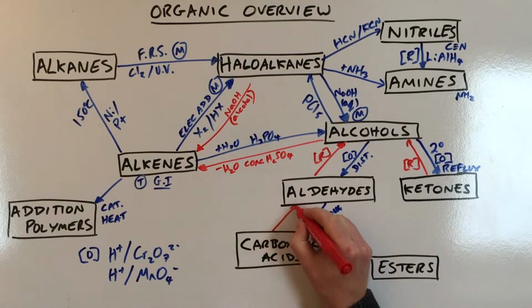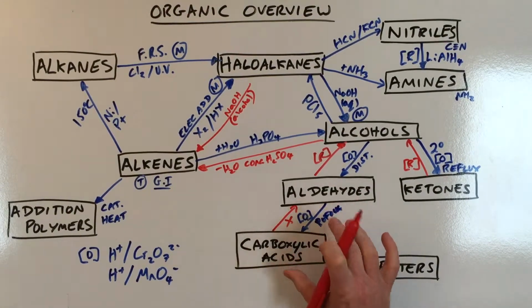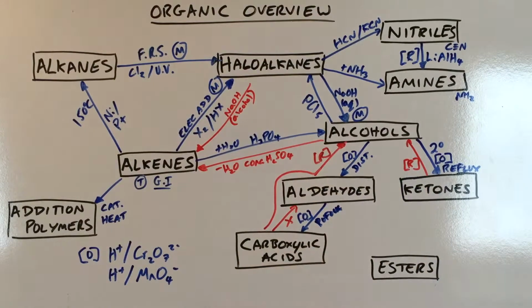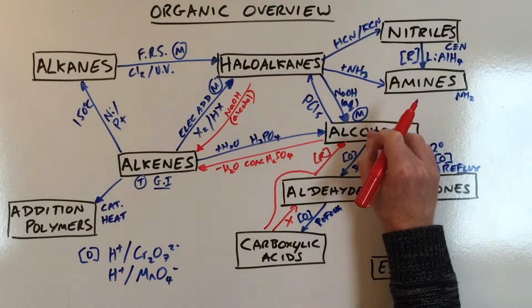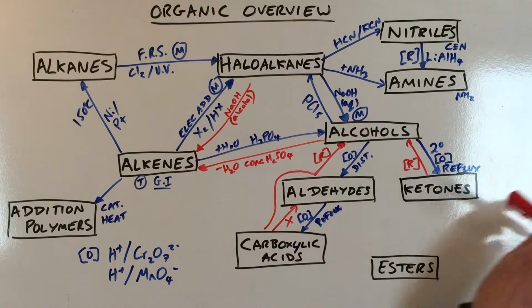What we can't do is this step, because our reducing agent is that strong, it will bypass the aldehyde and go all the way back to the alcohol. So you cannot convert carboxylic acid to aldehyde. You'd have to go back to the alcohol and then distill it back up using oxidation.